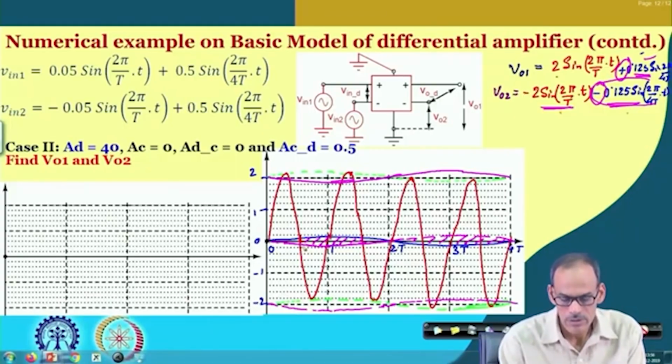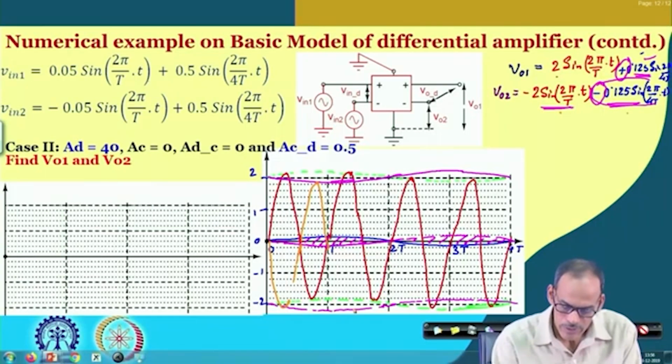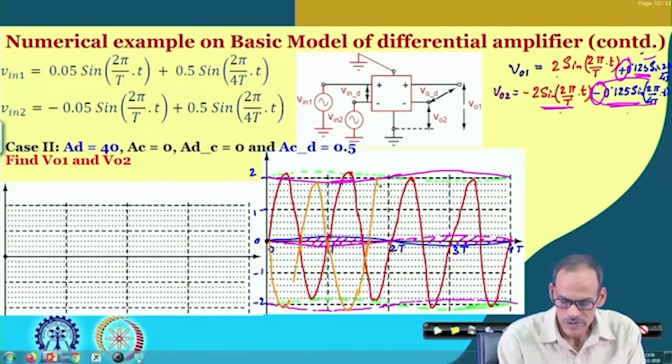So, we are expecting VO2 to go down like this, and then it will go here, and then it will be here, it will go here, and then it will go to the pink one. Sorry, this got exaggerated.